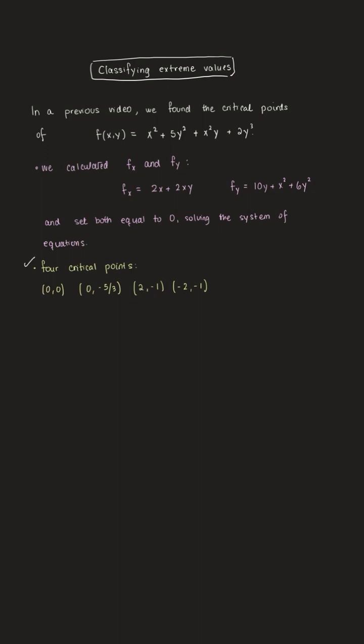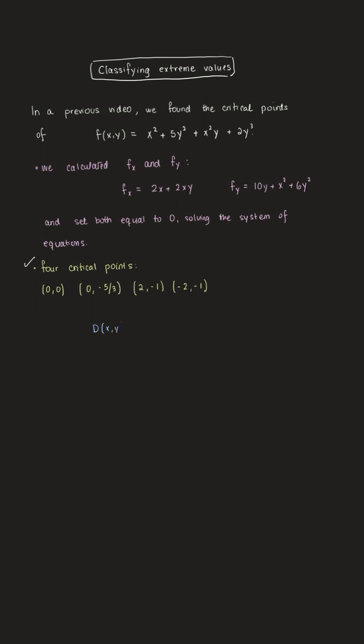Now, we stopped there. But what we'd like to do is use the second derivative test to classify the critical points and figure out where we have extreme values or saddle points. And so we're going to use our discriminant function, which looks like this.